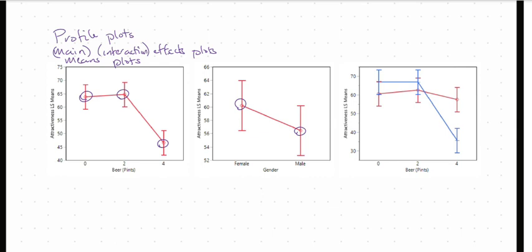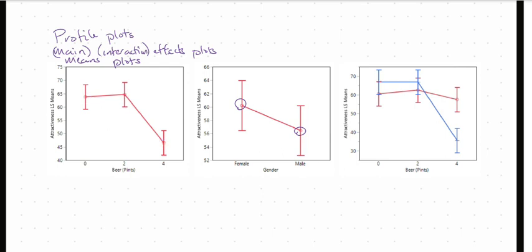For example, this point here at beer equals 0 is the mean response for everyone that drank 0 pints, males and females, so everyone in the group, whether you're male or female, who had 0 pints. This response here is the mean in our sample for everyone who had 2 pints. And then down here is the mean response for everyone who had 4 pints.